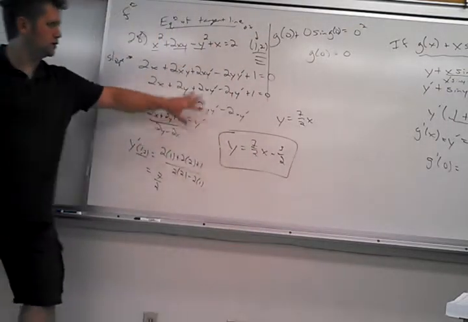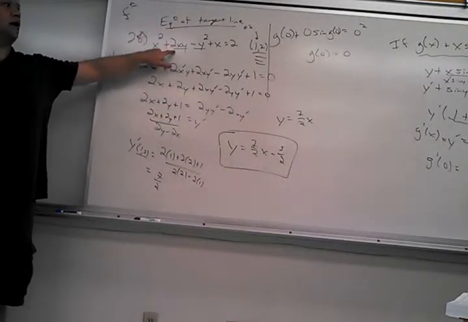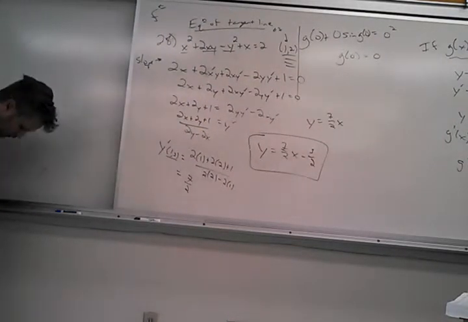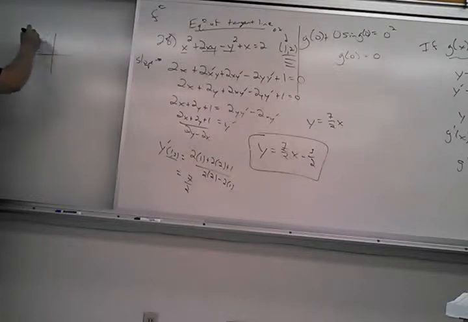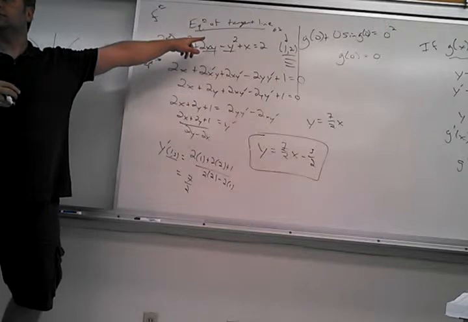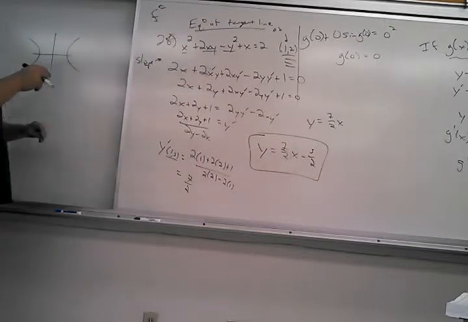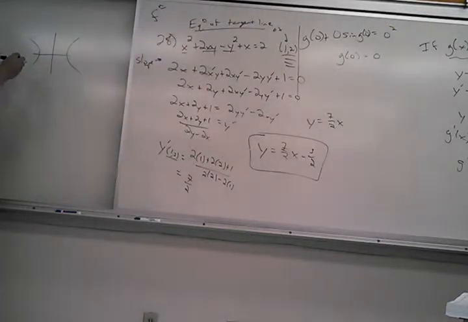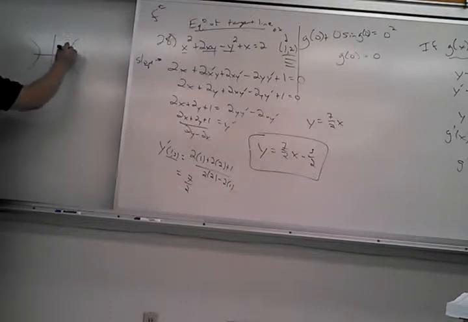So that's your equation of the tangent line of this hyperbola. If you have this hyperbola, is it going to be this kind of thing, or this kind of thing? It's going to be the first one, because that's the one I actually drew, right? Because x squared is positive 1, y squared is a negative 1. And I'm at the point, who knows, (1, 2), so maybe I'm here.